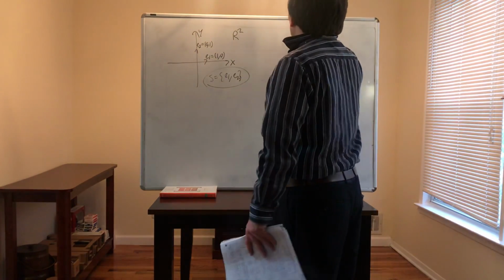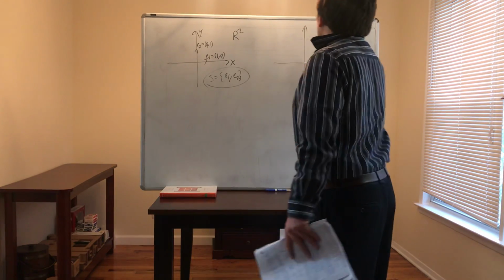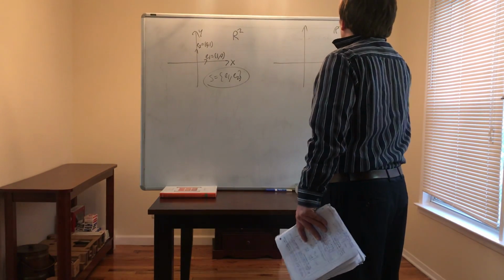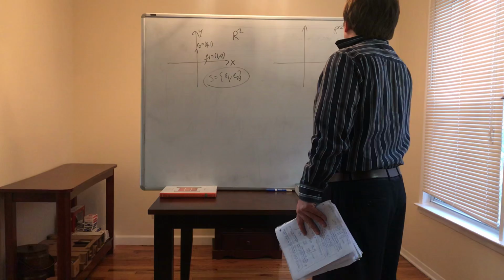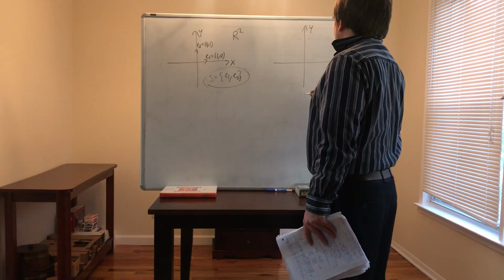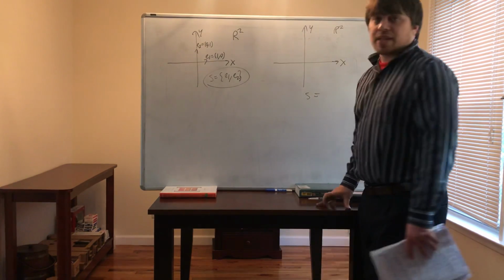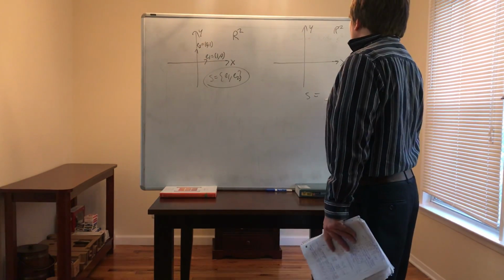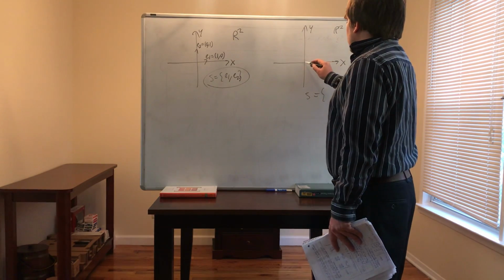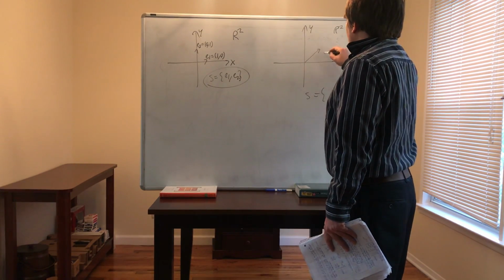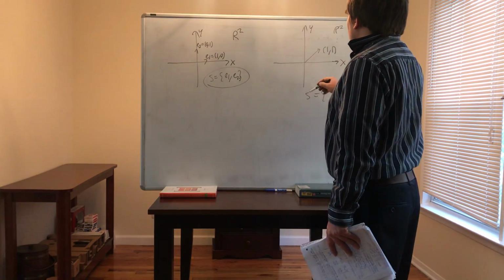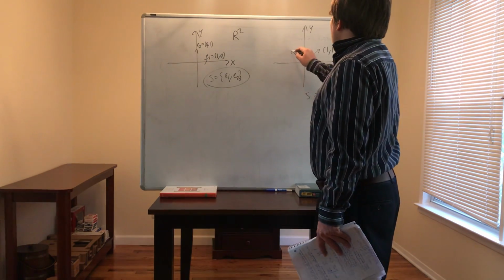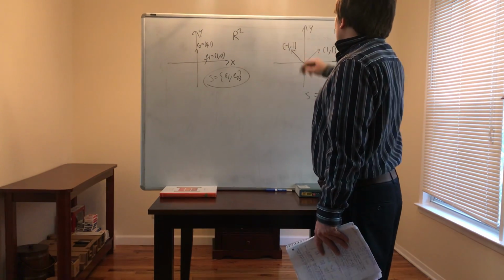Then if you had the same R2, where here's the x-axis and here's the y-axis, but instead I had a different basis. You could have more than one basis for the same vector space. Let's say I took the vector (1, 1) and the vector (-1, 1).